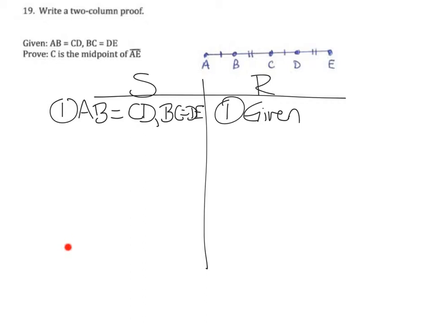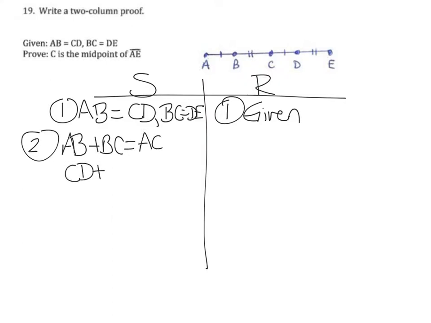So I have to somehow say that if C is the midpoint of AE, I have to say that AC is congruent to CE. Well, the first thing we have to do is add segments together. So we're going to use the segment addition postulate, and we can say that AB plus BC equals AC, and I can say that CD plus DE equals CE.